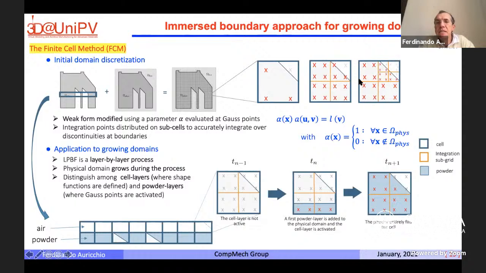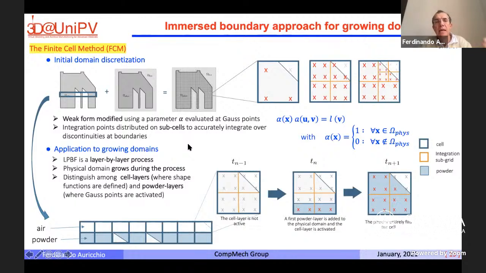Okay. So this technology is very interesting because, when you also have the additive construction, you don't refine the mesh, so the mesh is fixed, but you progressively refine the integration rule, okay? And what is also interesting is that you can easily play with different levels of approximation, in the sense that the background mesh is fixed, it's given, but you can progressively increase the number of Gauss points depending on the layer that you activated.